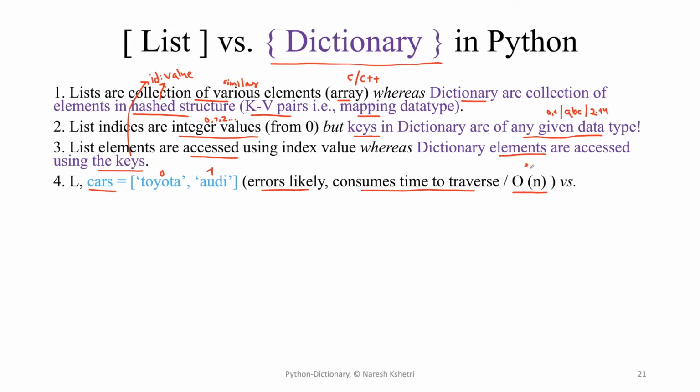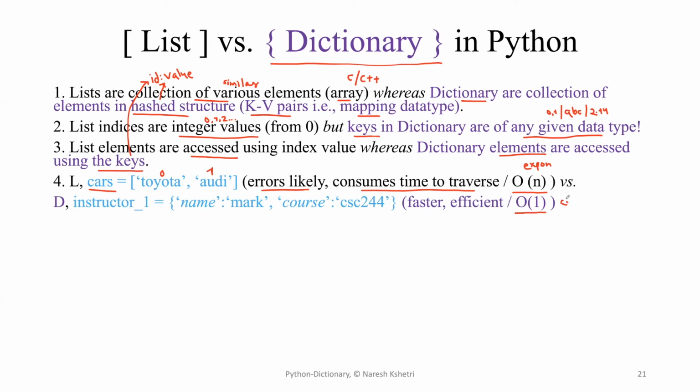It grows when we are doing the search, but that doesn't happen in the case of a dictionary. We go over constant time. In this sense, searching over a dictionary is faster and more efficient compared to the list.